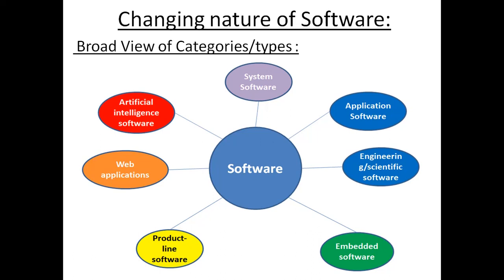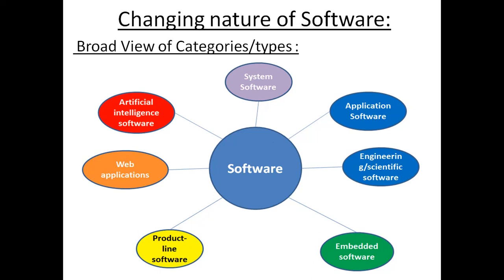We have already studied the system software and application software. And what is engineering or scientific software? These are applications or software specially designed for engineering faculties, and only people who are working in the engineering field use this software.